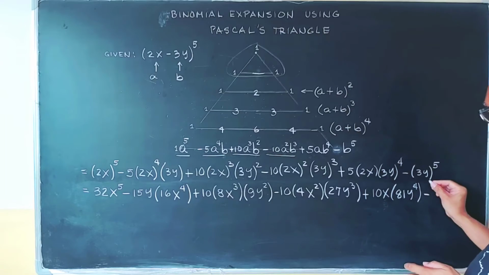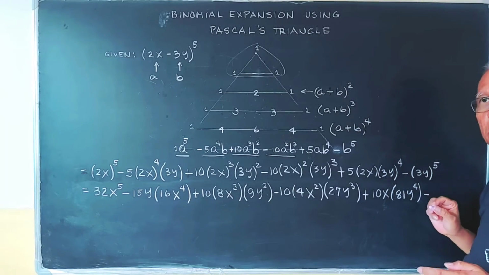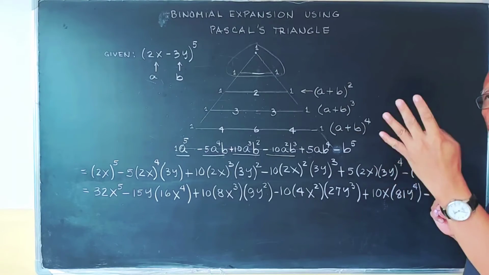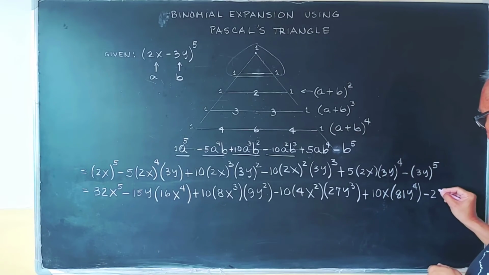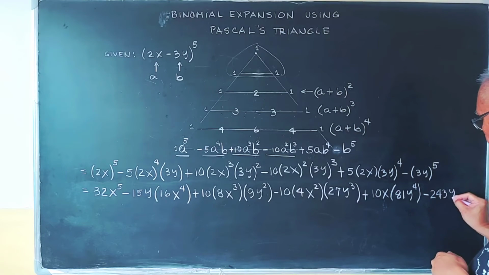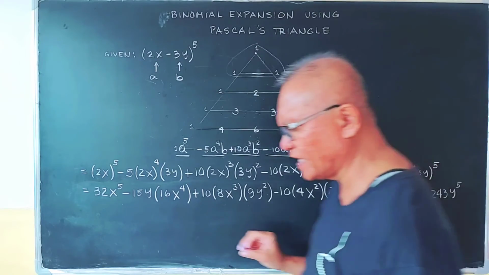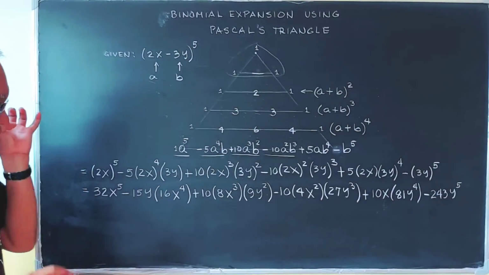Minus the last one, 3 to the 5th. So 3 times 3, 9 times 3, 27 times 3, 81 times 3 is 243. y to the 5th. Okay. Now let us multiply again.